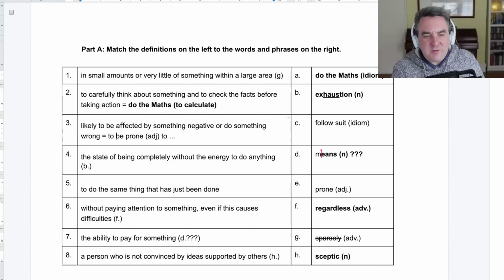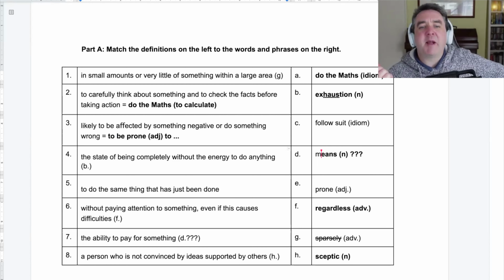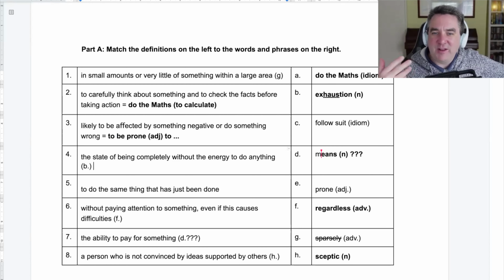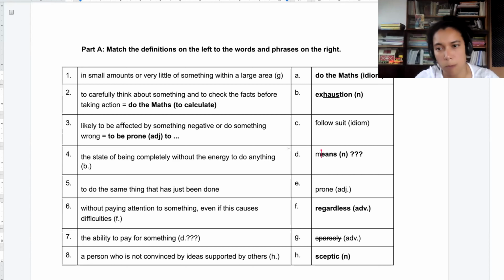So yeah, to be prone to is when something affects you or you do the same mistake again and again. So you could say, I'm prone to making just small grammatical mistakes when I speak English, or I'm prone to breaking things.